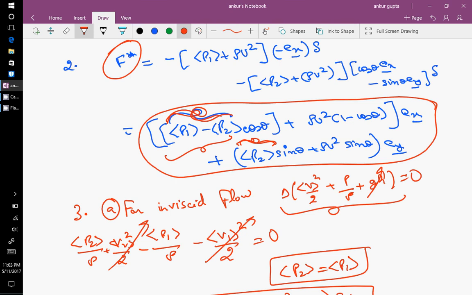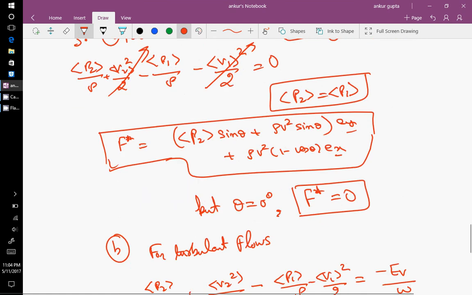Even if we put theta equal to 0, which is the case of a flat or straight pipe, you will have this term of P1 minus P2 here. So what I'm trying to say is that you will have some non-zero F star even for theta equal to 0.